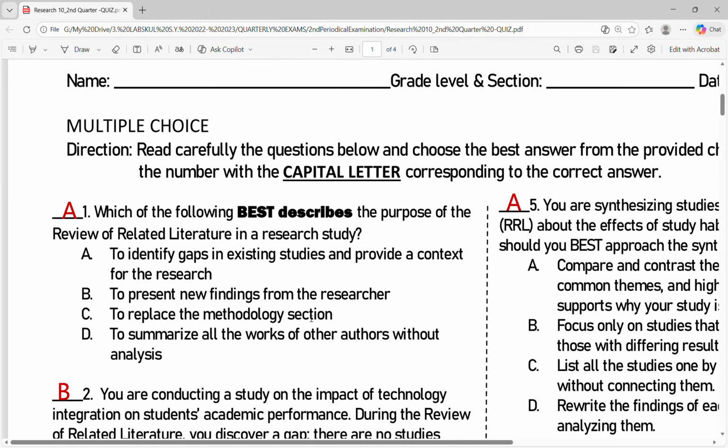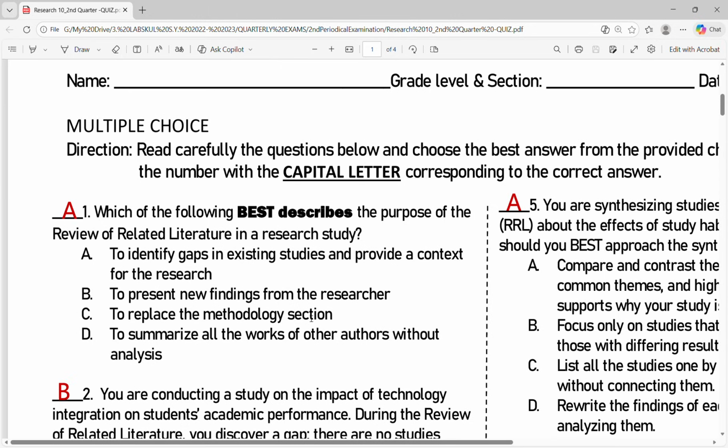share what's the purpose of your research, what's the current situation, and what are the previous results or findings from other studies and literature. Based on the findings that you were able to gather, you're going to identify the gaps or the missing things that need to be addressed through your research.